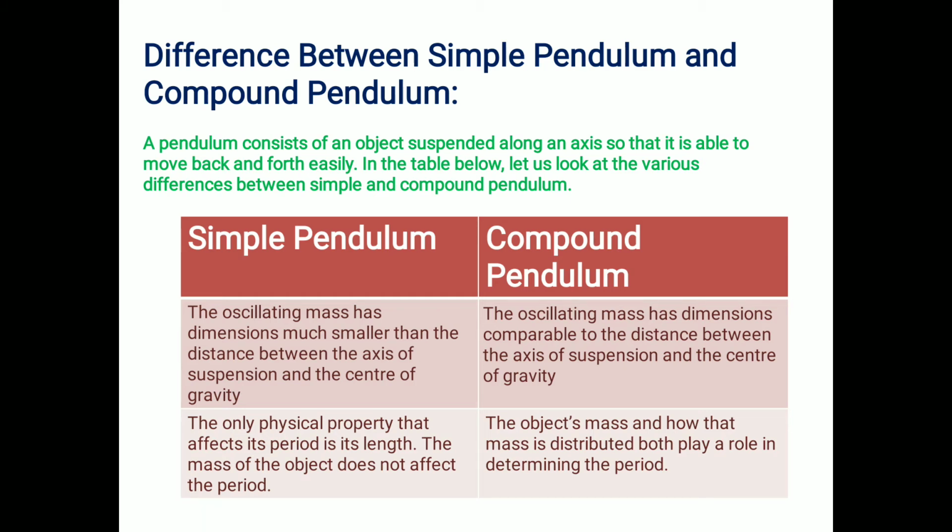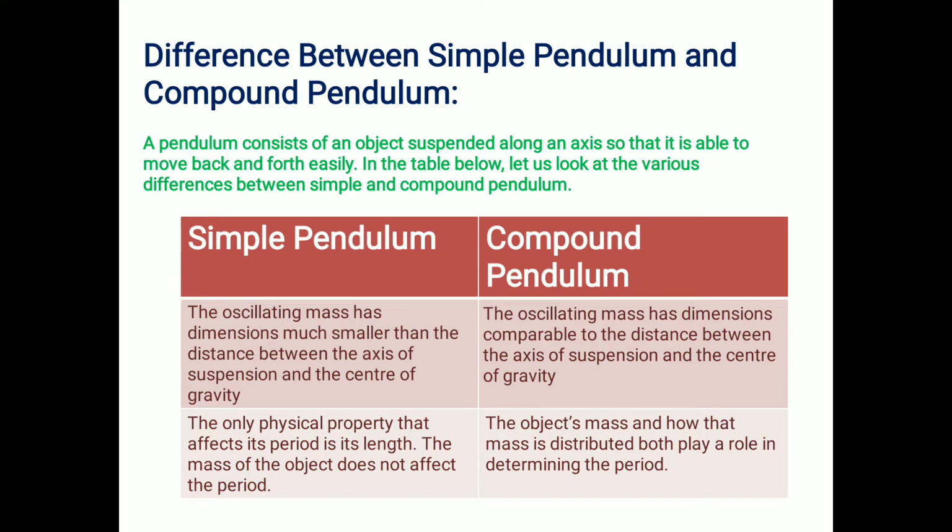Now first we will see what actually a pendulum is. You all know that a pendulum consists of an object which is suspended along an axis, so that it is able to move back and forth easily. It consists of a bob, or any object which is tied at the end of a string, and it will move back and forth easily.